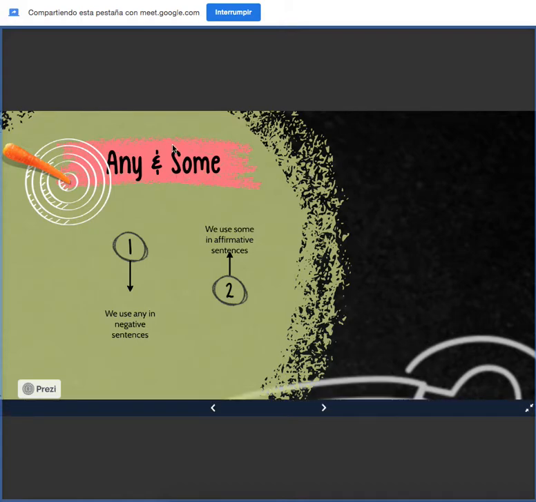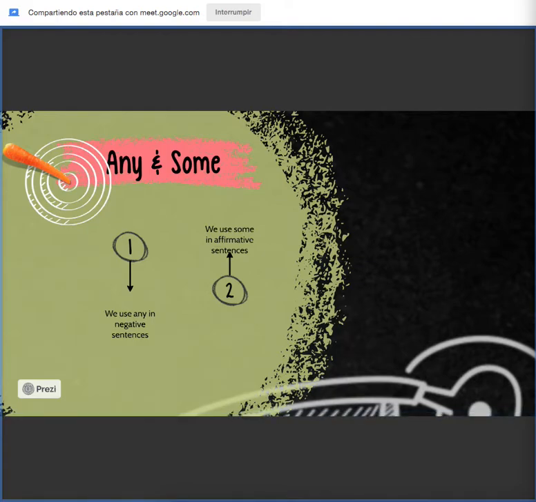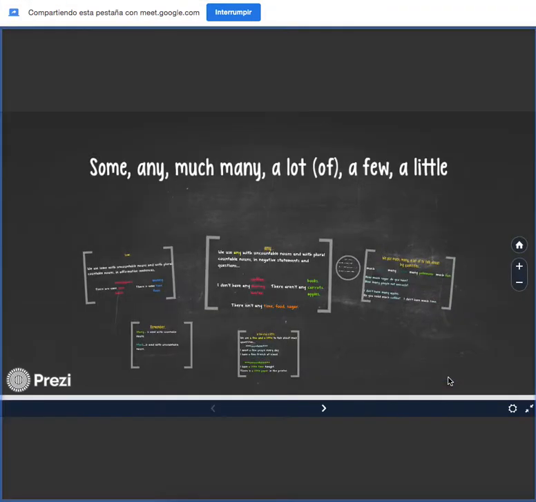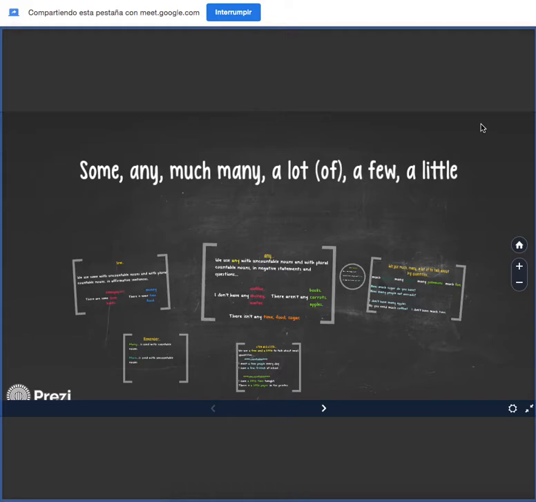So, before explaining any, some, many, much, and so on, do you have questions about countable and uncountable nouns? No? So, pay attention to this. We are going to talk about something deeper.